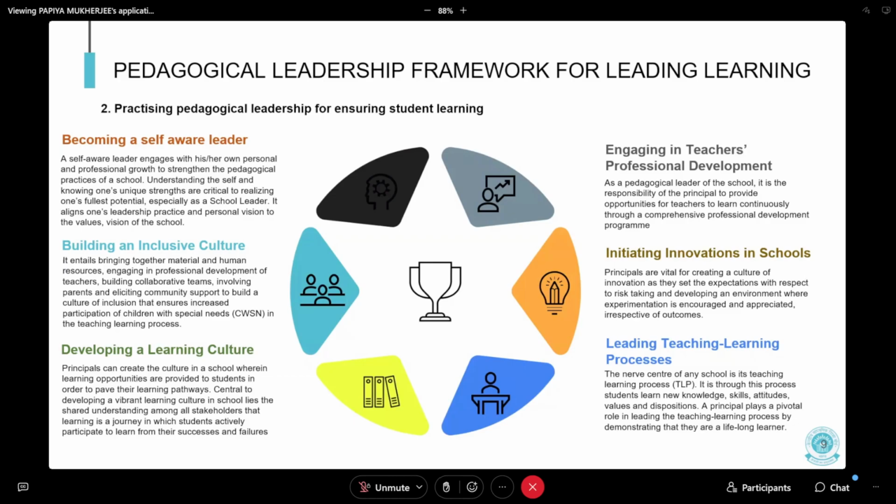It is through this process that students learn new knowledge, skills, attitudes, and values. As a pedagogical leader, we can promote teaching learning processes by demonstrating that as principals, we are also lifelong learners.